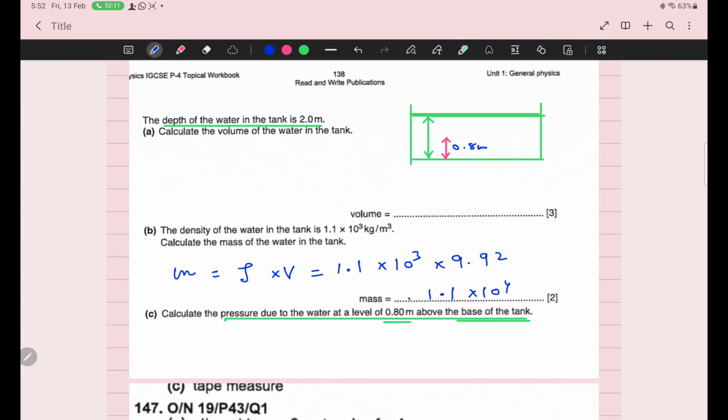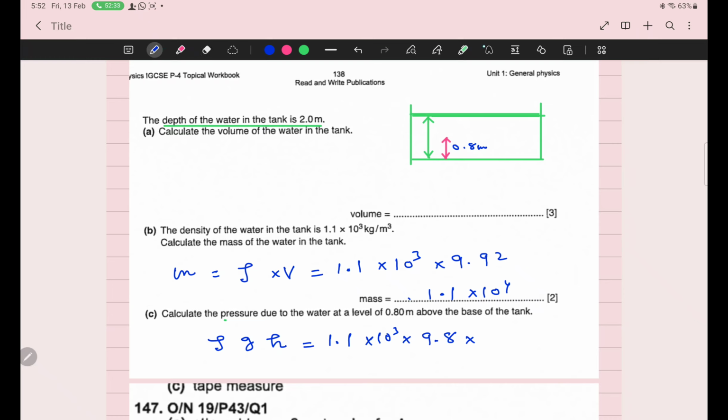And to calculate pressure, you know pressure is rho g h. So density is 1.1 exponent 3. Gravity, we are using 9.8, so our answer will be a little bit different from the marking scheme.